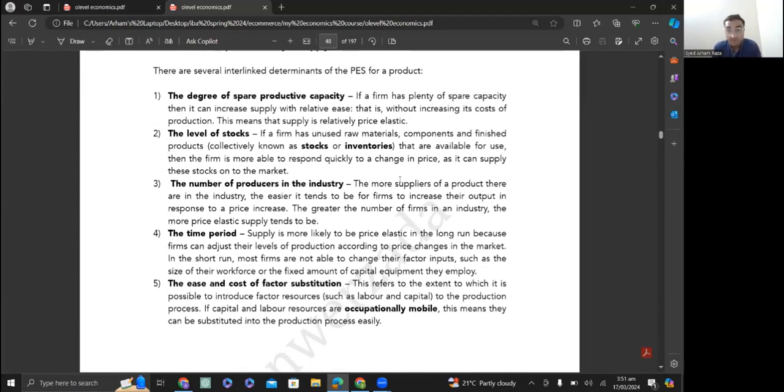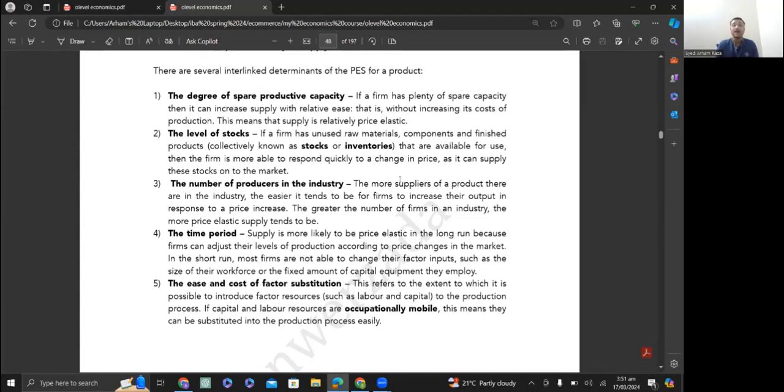Now the level of stocks: the higher the level of stock a firm has, the more elastic its supply will be. The third reason is the number of producers in the industry. The more producers there are, the more the overall collective capacity for the industry will increase. So this will also increase your price elasticity of supply.